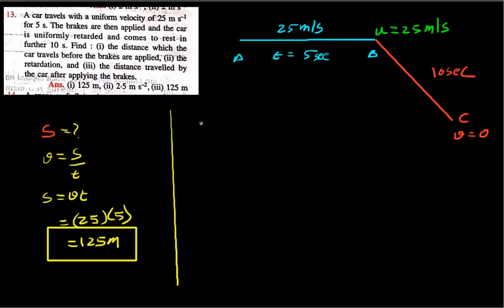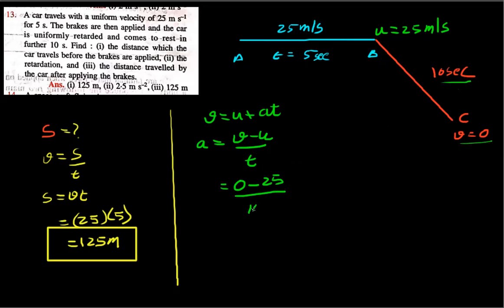So by our formula for motion, V equals U plus AT, acceleration A equals V minus U divided by time t. Now final velocity is 0. So 0 minus initial velocity 25, and the time taken after the brakes are applied is 10 seconds.